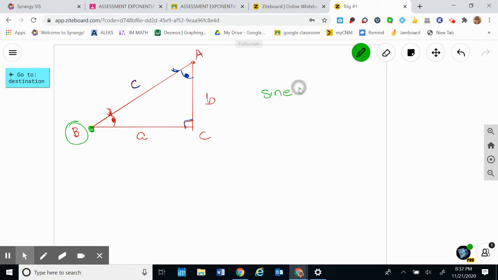Sine B is equal to the ratio of B over C, so the sine is the opposite over the hypotenuse, and in this case that's B over C. So one of the ratios that's created is B over C, and that's going to be called the sine.